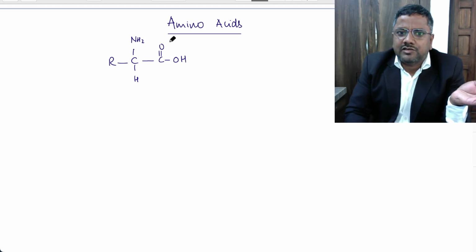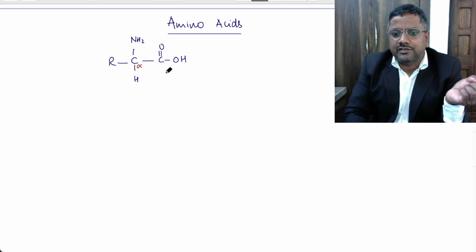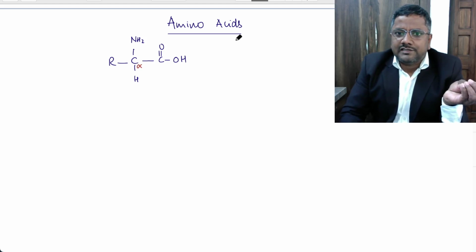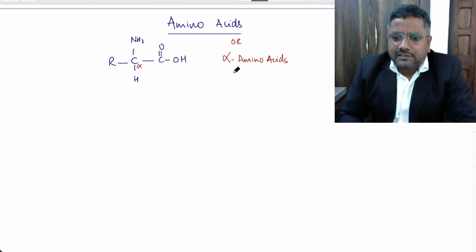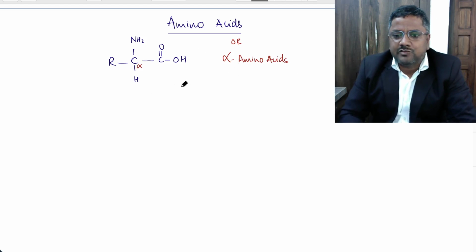This is the carboxylic group, and this is the alpha carbon with respect to this COOH group. This is the first carbon, so this is the alpha carbon. So basically, an alpha amino acid. I'm not saying that only alpha amino acids are possible, but only alpha amino acids are important to us, right?